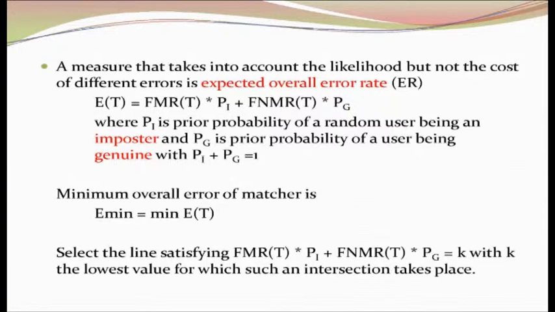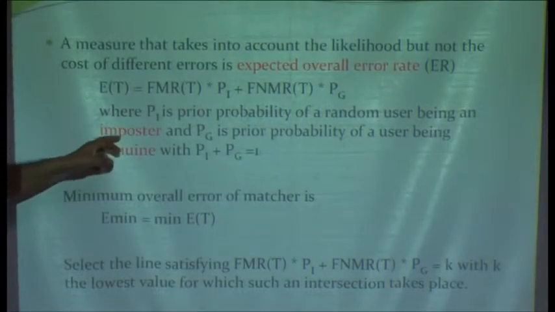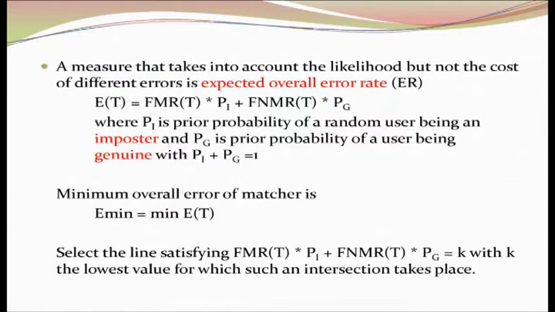What does it mean? P imposter is the probability that a random user will be an imposter. That probability that a person has come, a random person, is an imposter, that I can find out. And similarly, PG is the probability that a random user is a genuine user. So P imposter plus PG must equal 1, right.